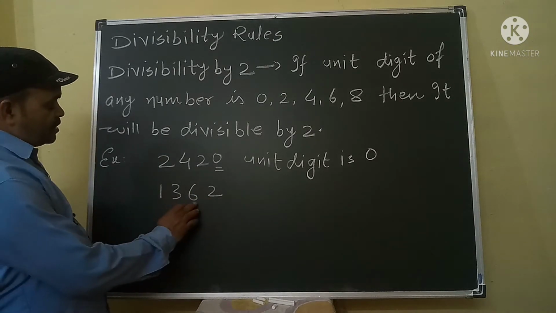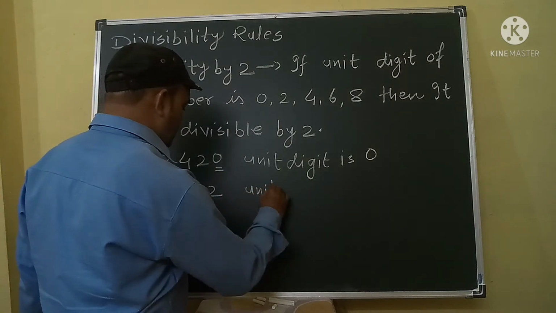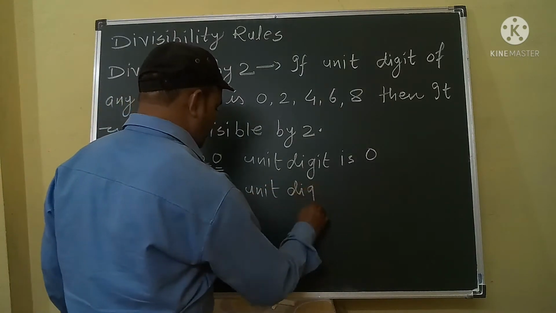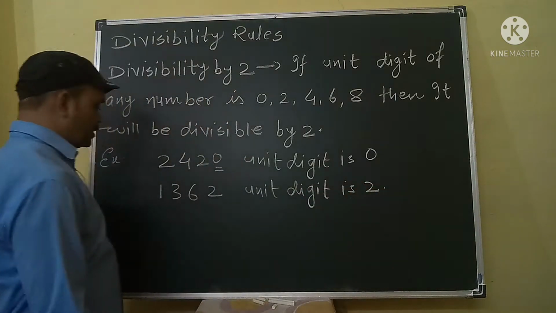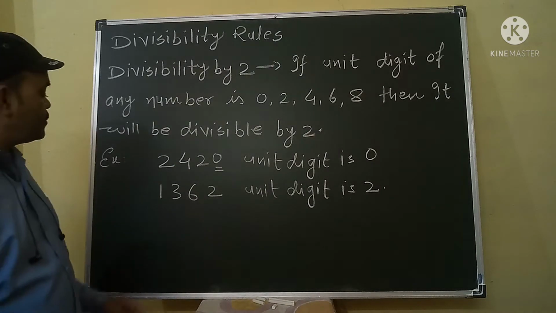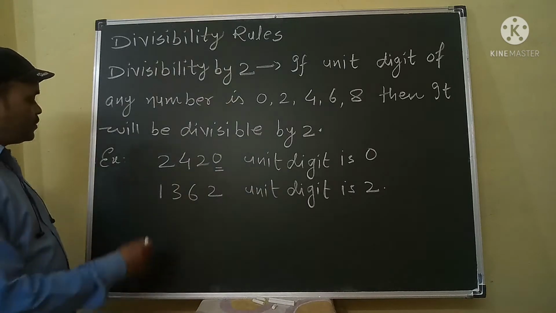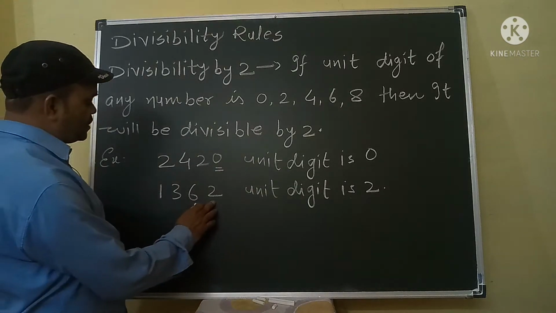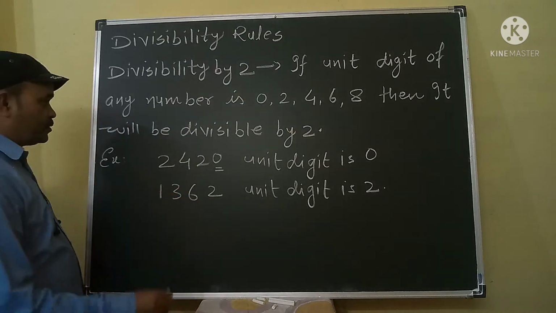In 1362, the unit digit is 2. Therefore, 1362 will be divisible by 2.